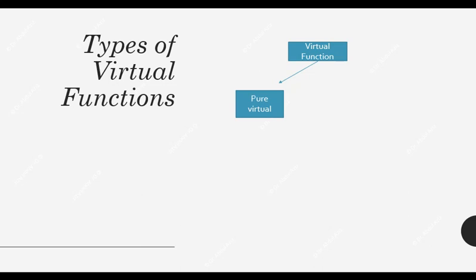So a pure virtual function is an abstract function that is declared but not defined. This is the syntax. We are going to use virtual as a keyword. We just need to add virtual as a keyword before the declaration of the function.